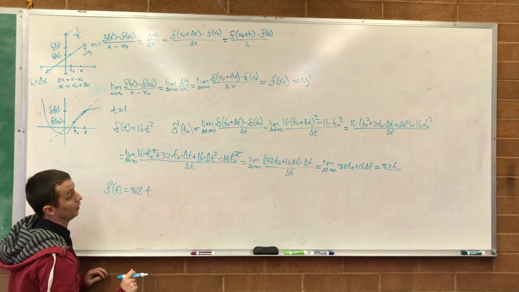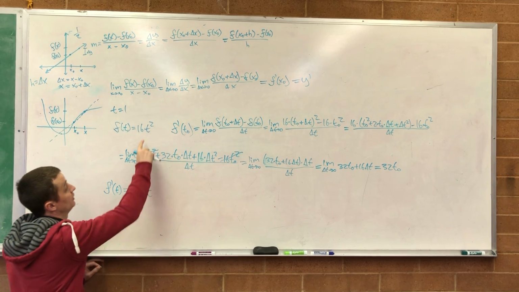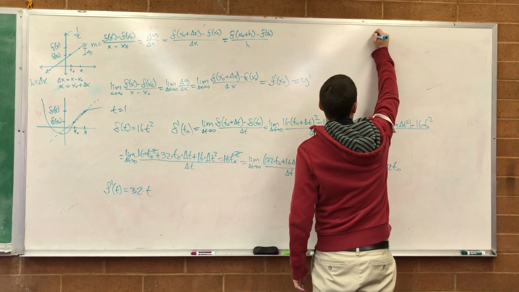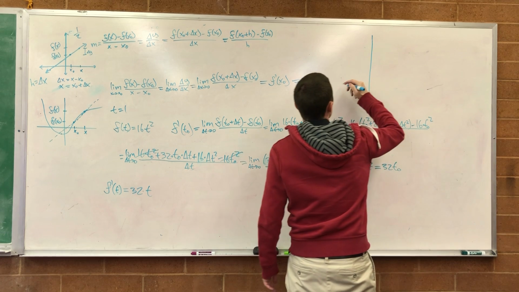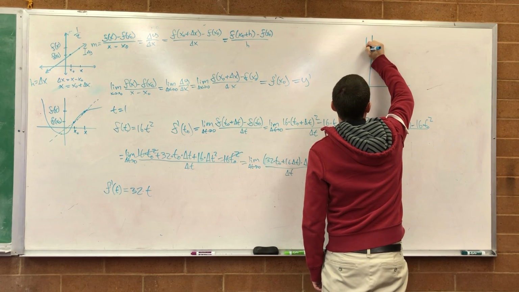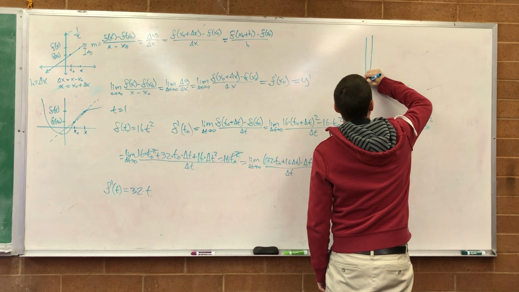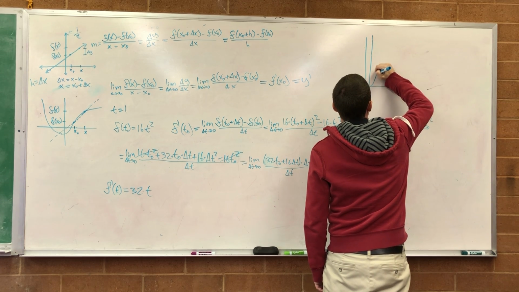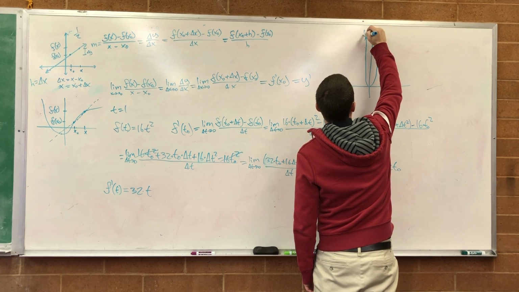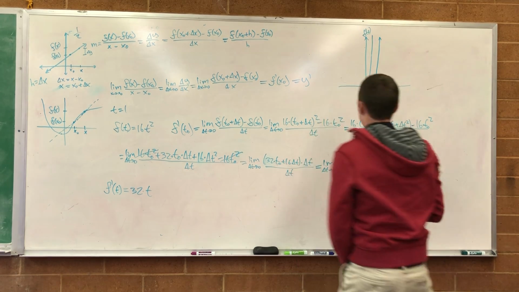So if we were to plot this thing, 16t squared, which is a super, super steep parabola. I'm saying the initial function. This is f of t. So that's f of t.